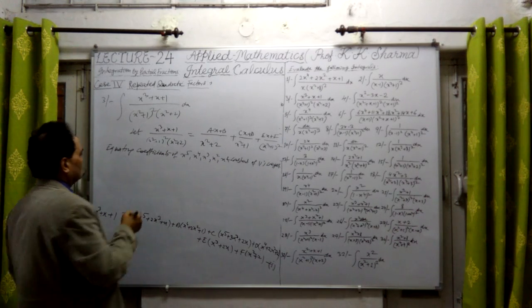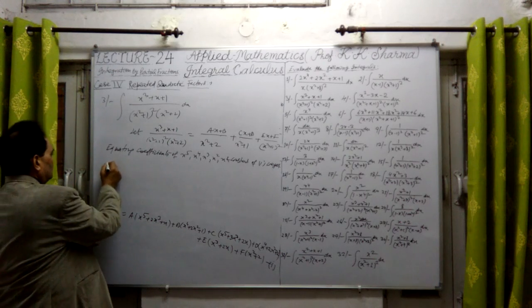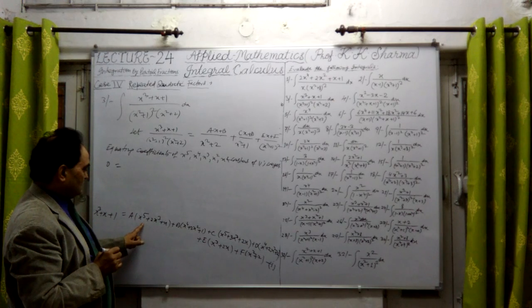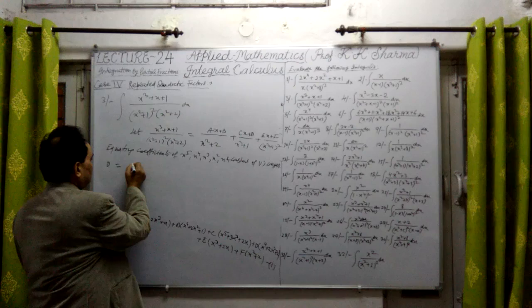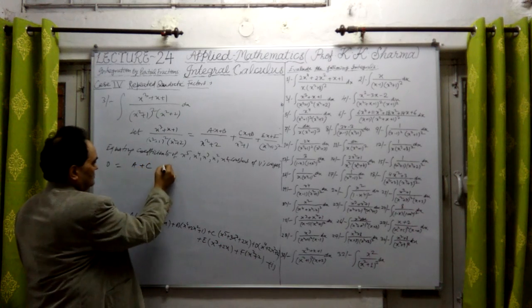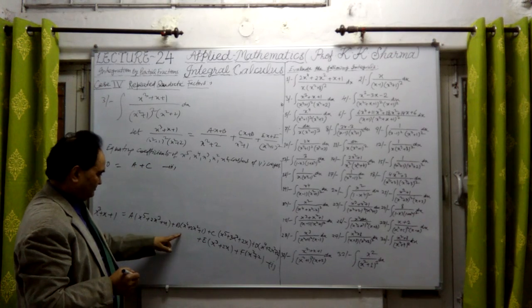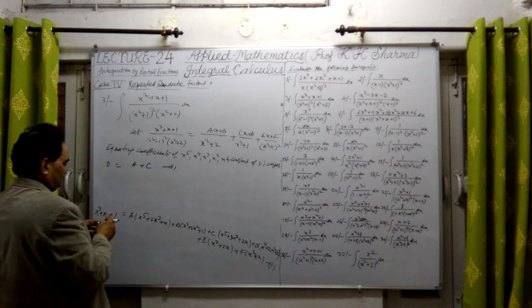Equation number 1. Okay, let me equate the coefficient of x5 here, left hand side is 0, no x5. Then in the right hand side, a is there, c is there, so a plus c. The first, second equation. Okay, a and c here, a x5 and c x5, no problem.